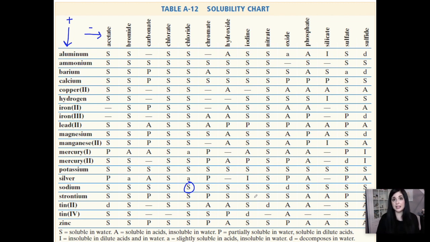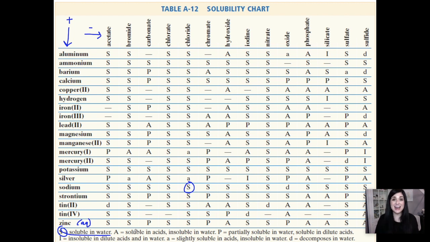You have to look at the key to say what S stands for. And S means that it is soluble in water. So soluble in water. That means that it dissolves in water. So you would have an AQ next to sodium chloride. Sodium chloride dissolves in water. Therefore, we say that its state of matter is aqueous.